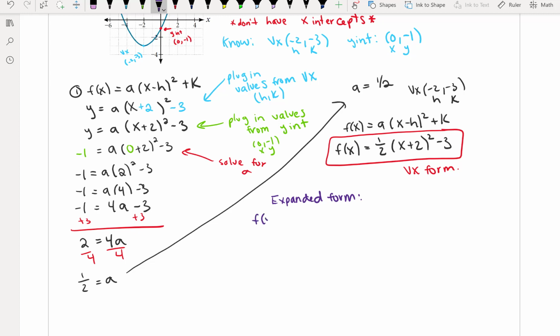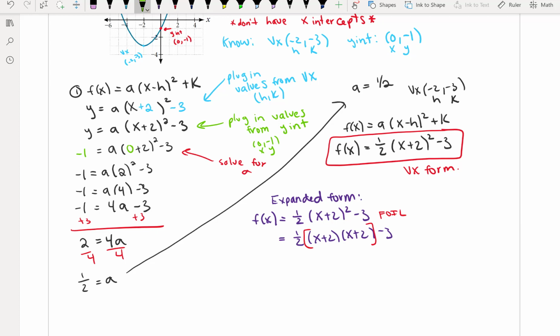So we have that f of x is equal to 1/2 (x plus 2) squared minus 3. What that tells us is to actually write out the x plus 2 twice. Because I have x plus 2 and x plus 2, I'm going to go ahead and FOIL that out.